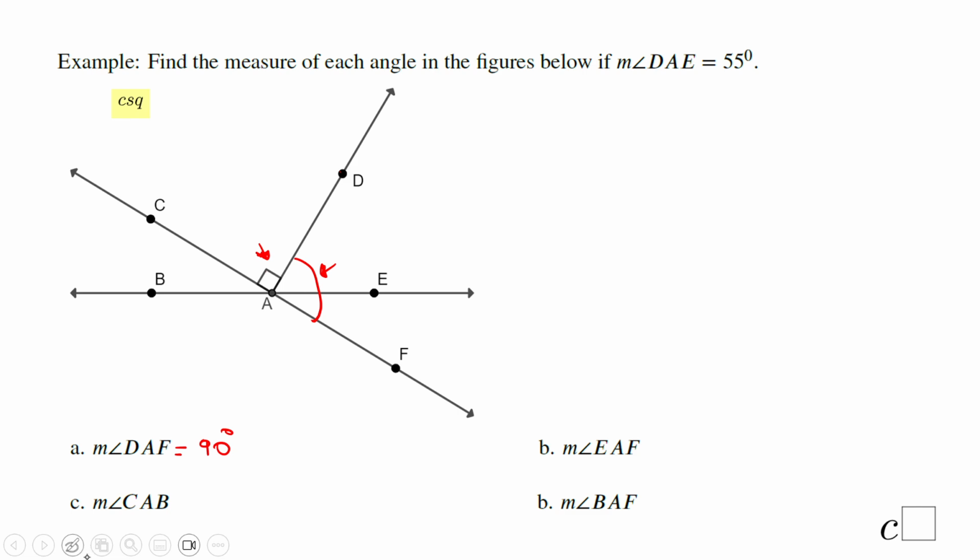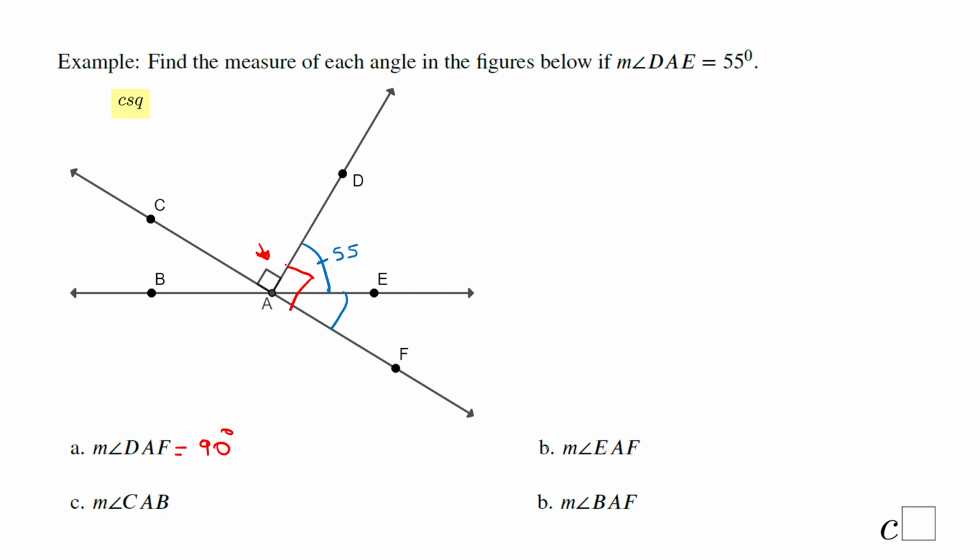Okay, so let's take a look at the second part, B, the measure of angle EAF. So now we can find this one because, like I said in the first part, this angle here is 90 degrees. How are we going to find that one? Remember, this one I marked at the beginning is 55 degrees.